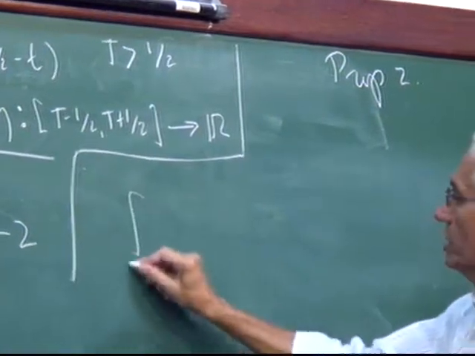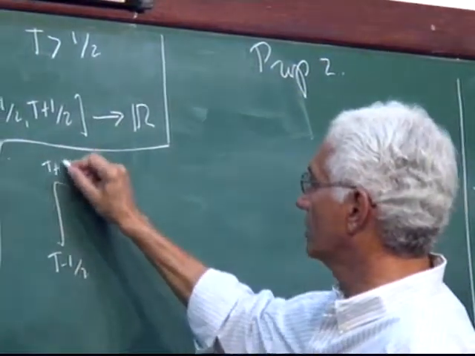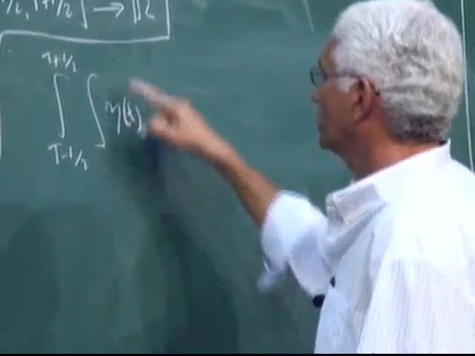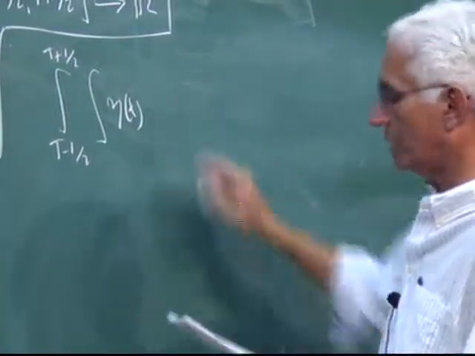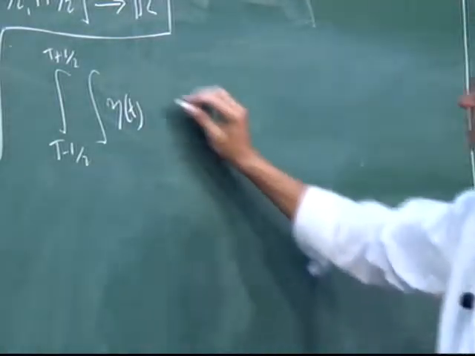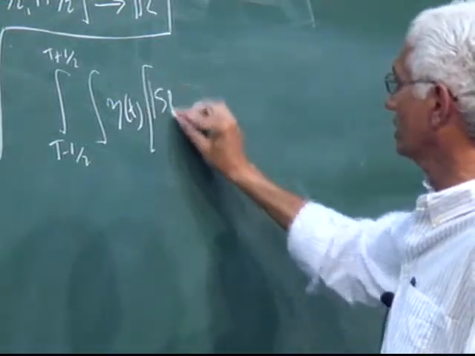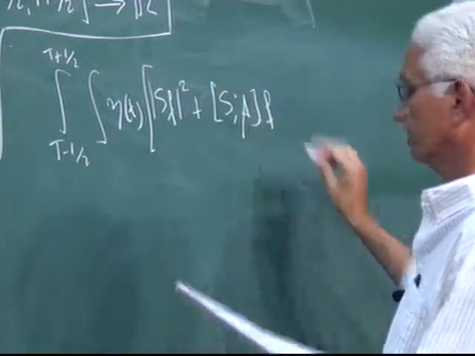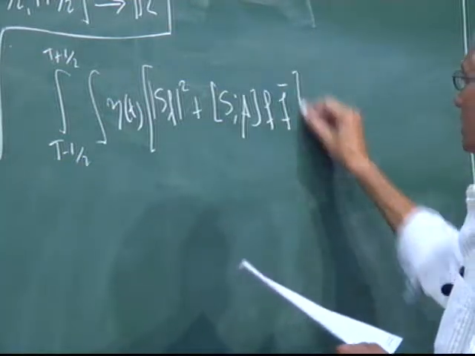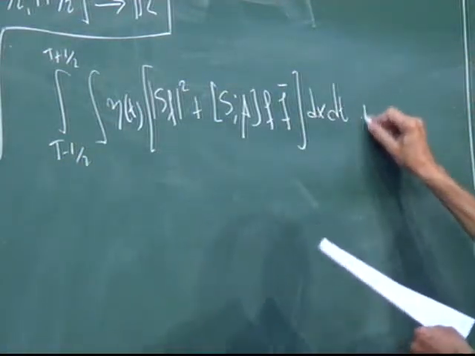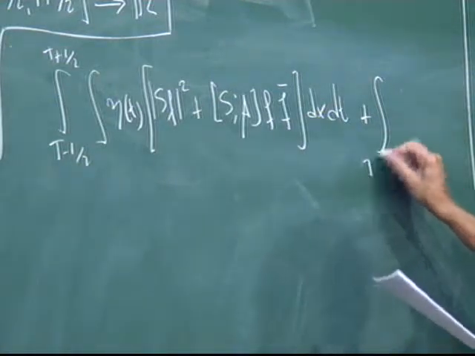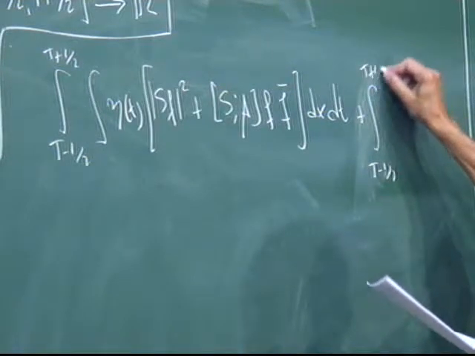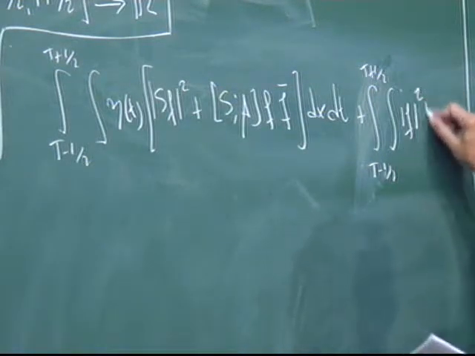The integral between t minus 1/2 and t plus 1/2 of this truncation in the time variable, multiplied by what is positive here, S of f squared plus the commutator between S and A of f, f conjugate dx dt, plus the integral of t minus 1/2 f squared dx dt.